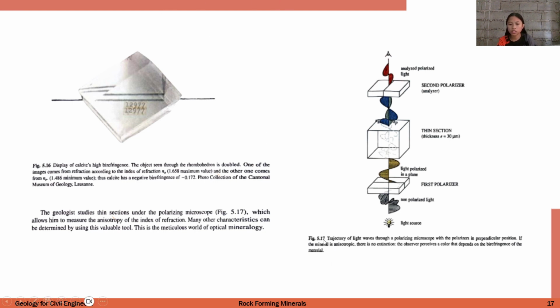So 5.17. Trajectory of light waves through a polarizing microscope with the polarizers in perpendicular position. If the mineral is anisotropic, there is no extinction. The observer perceives a color that depends on the birefringence of the material. So, when a mineral is anisotropic, ibig sabihin, ang properties nito nag-change depending on kung saan ka tumitingin, on which way you look at it.